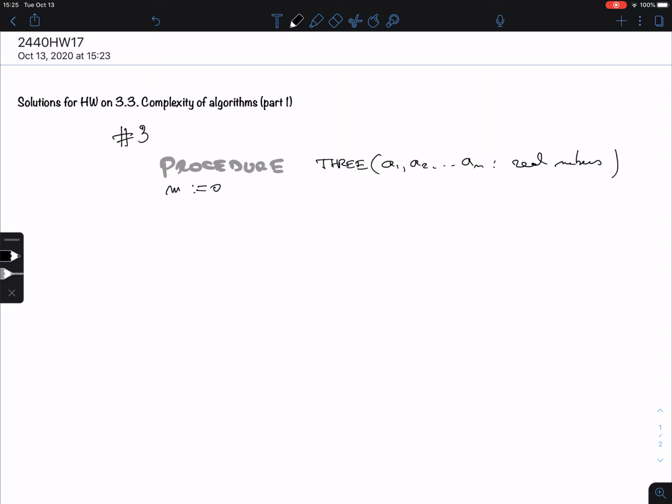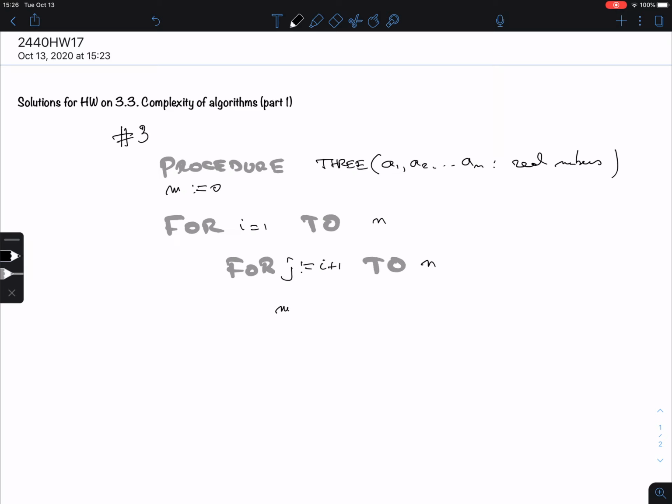Okay, so we put m equal to 0, then we have a for loop for i going from 1 to n, and inside that is another loop, so we know what this kind of thing could mean. And this is for j going from i plus 1 to n.